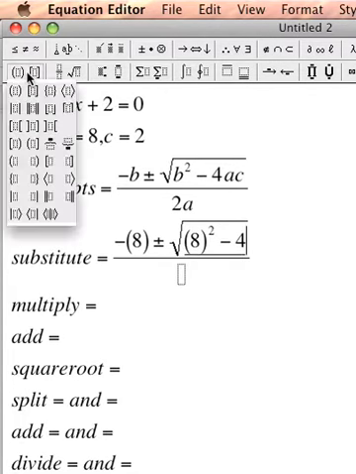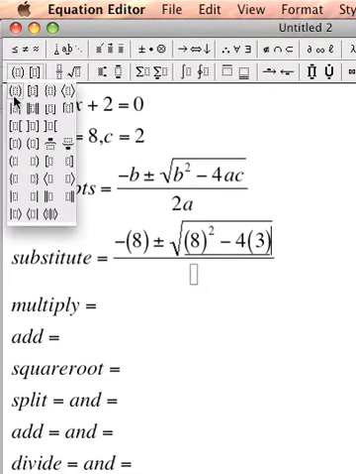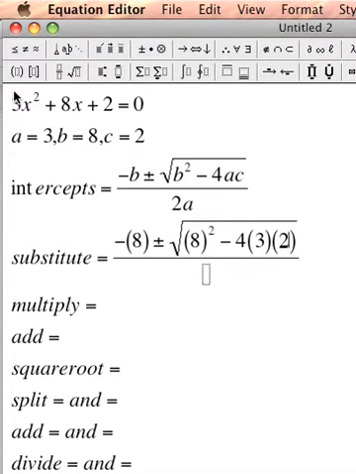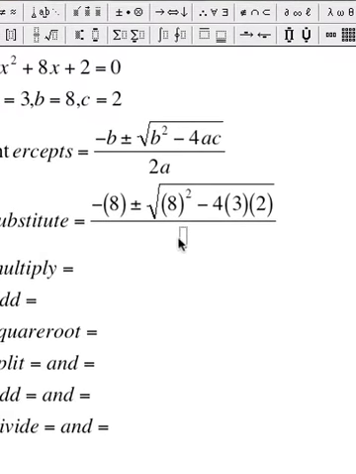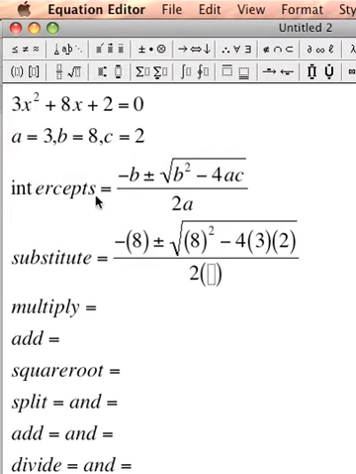Minus 4, open my parentheses again, a is equal to 3. Open my parentheses again, c is equal to 2, so I replace a with 3 and c with 2. And then I'm going to keep my 2 in the denominator, open my parentheses again, and replace a with 3.